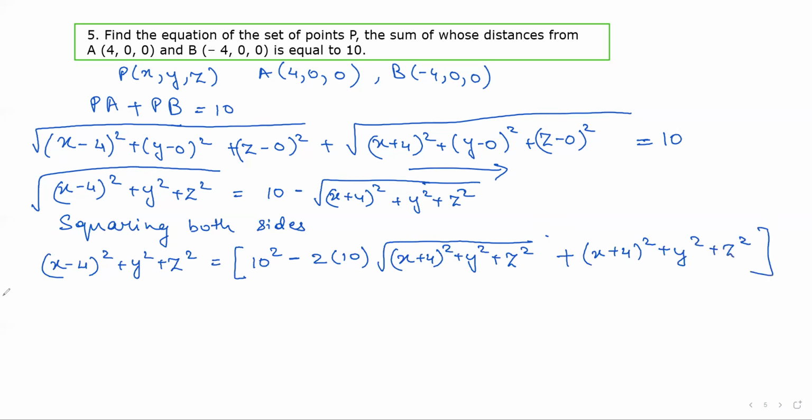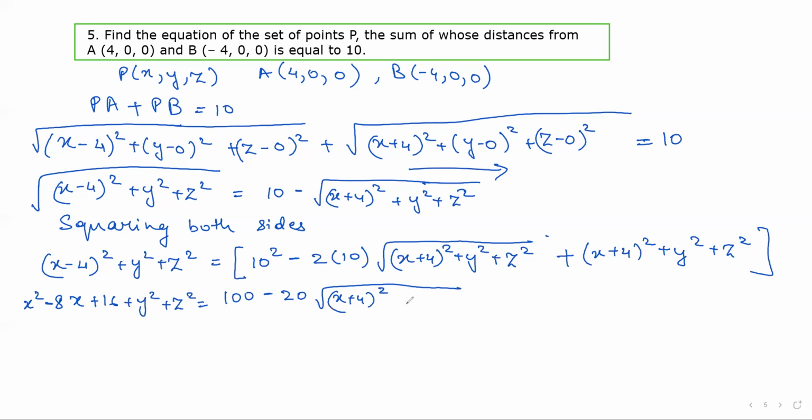Now expanding this, x square minus 8x plus 16 plus y square plus z square is equal to a square, which is 10 square, which is your 100, minus 20 root of this value as it is. We cannot do anything in the root.